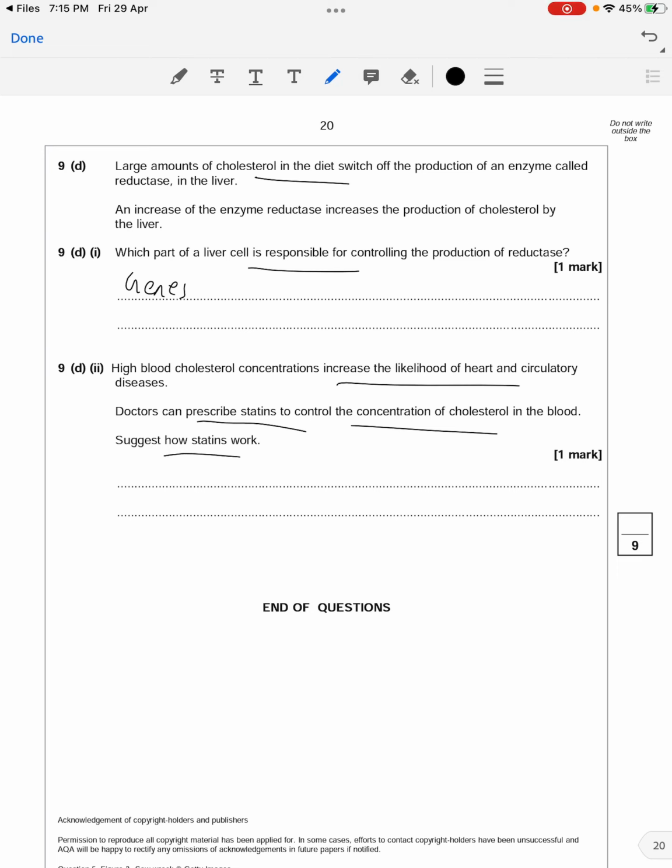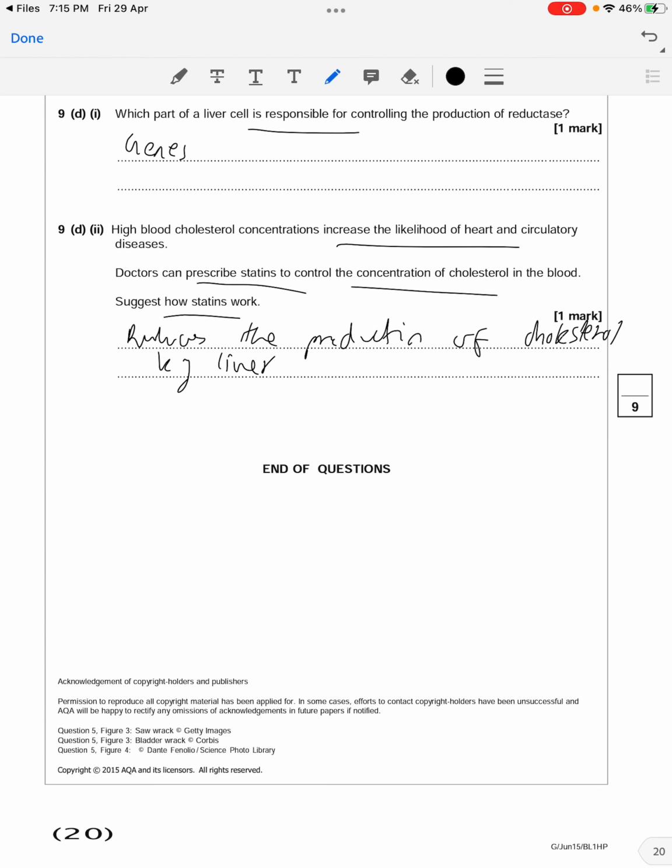They reduce the production of cholesterol by the liver. Or you can mention that it helps to reduce reductase production and reduces the absorption of cholesterol by the intestine, and statins help to destroy the cholesterol by breaking it down.